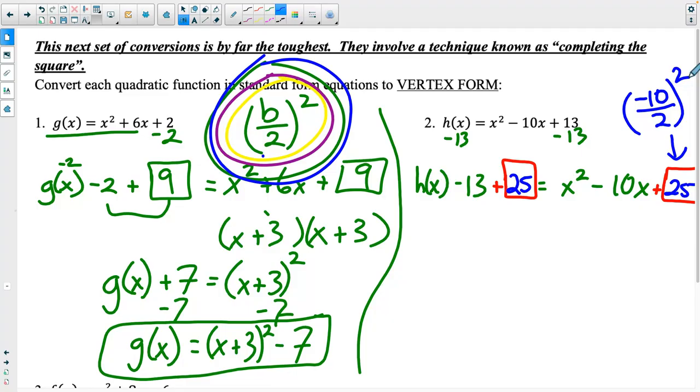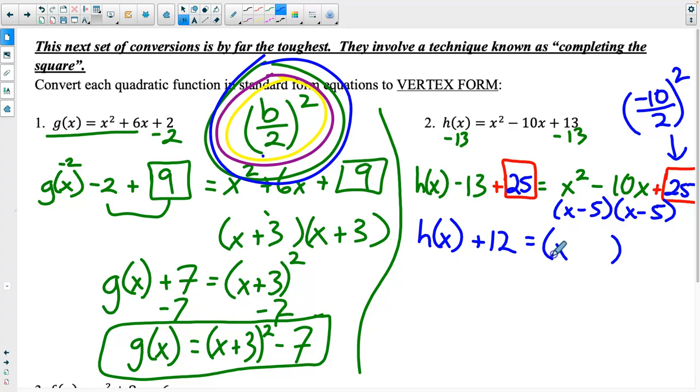Now, we factor this. And we simplify what is on the left-hand side. What does this factor to? I'm going to write that twice, just so people can see it.